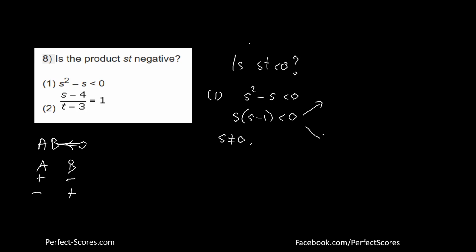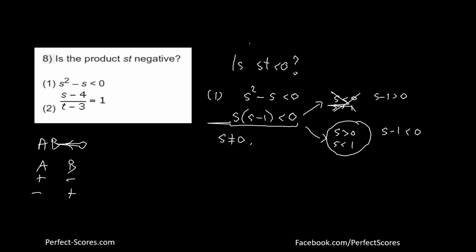Either S is negative and S minus 1 is positive, or S is positive and S minus 1 is negative. So either S is negative and S is greater than 1 at the same time, which is not possible, or S is positive and S is less than 1 at the same time. The only thing that is possible is this. So for this inequality to work, S has to be between 0 and 1. That is what statement 1 tells me.